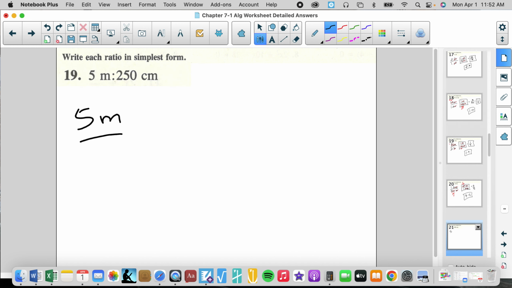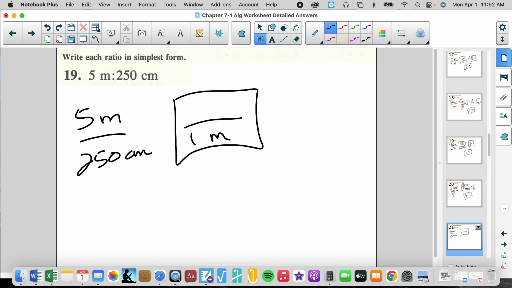5 meters is 250 centimeters. So let's do this properly. 1 meter is equivalent to 100 centimeters. And the way we remember that is King Hector died, unfortunately, drinking chocolate milk. And this is our unit of, so going here is 2 spaces, that's 200, to 100.